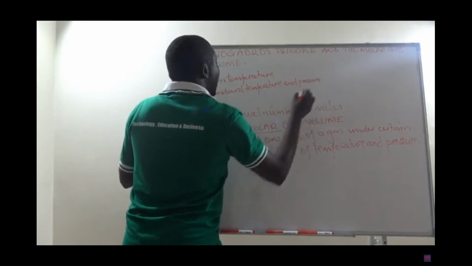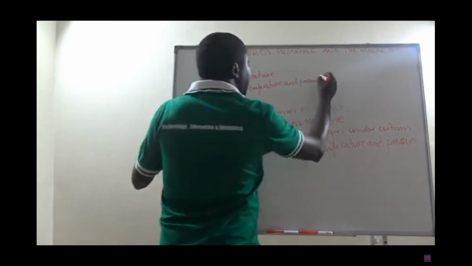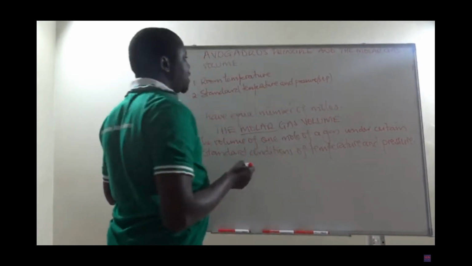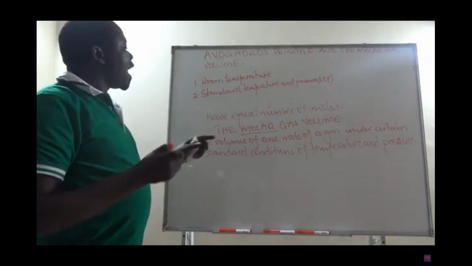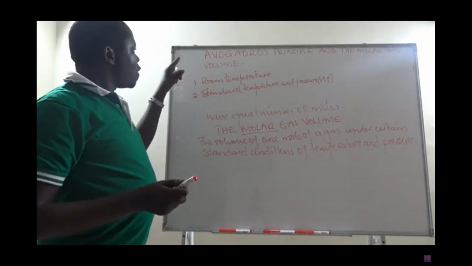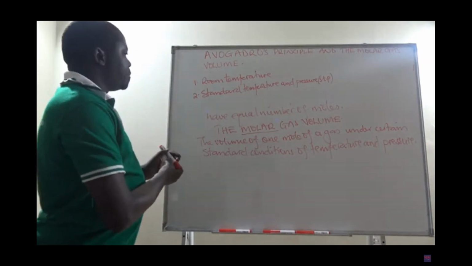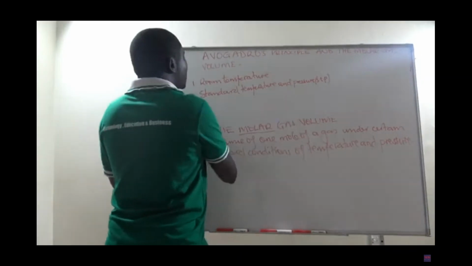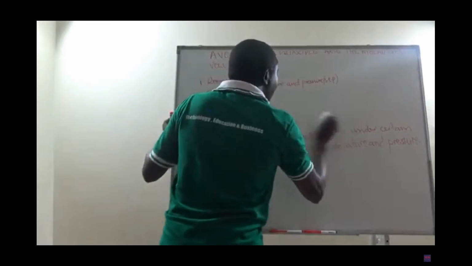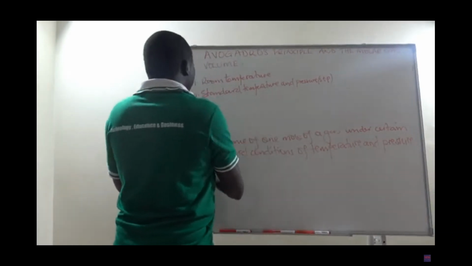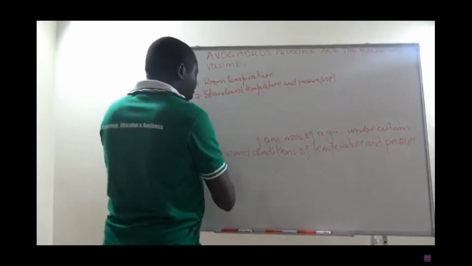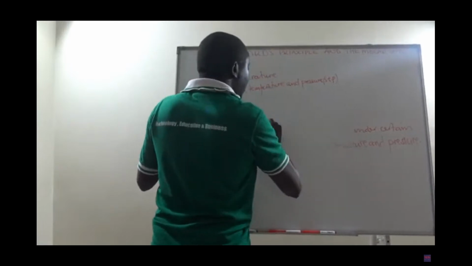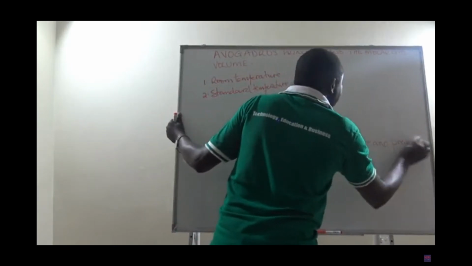Sometimes we give it the acronym STP, which is always used so freely. So we have 2 different conditions here, room temperature and the standard temperature and pressure. Now let us look at the molar gas volume at room temperature and at STP. These are different standard conditions, but they are applicable to all gases. In this case, not liquids, not solids, we are talking of gases only.